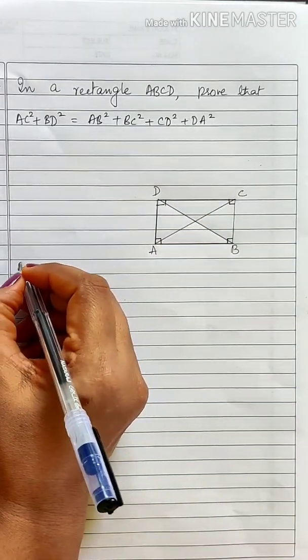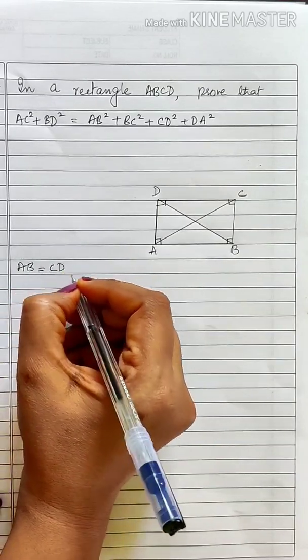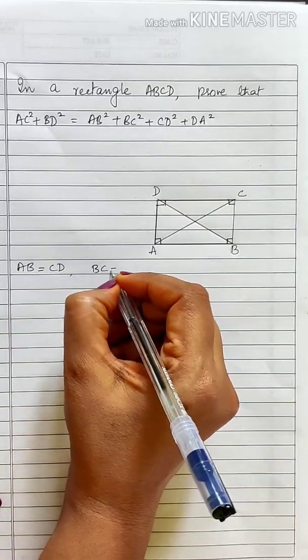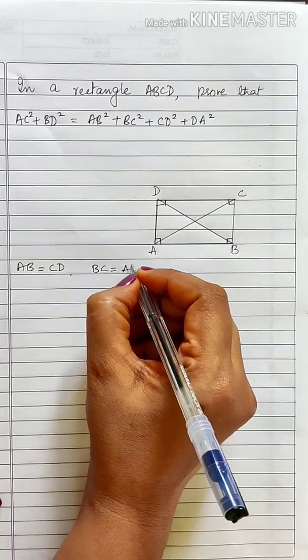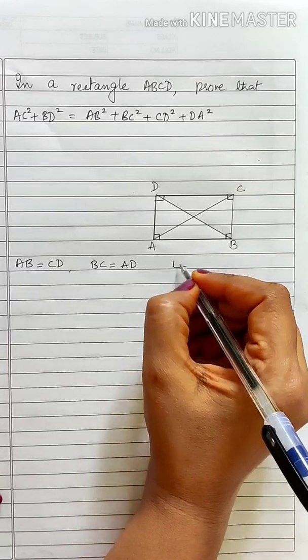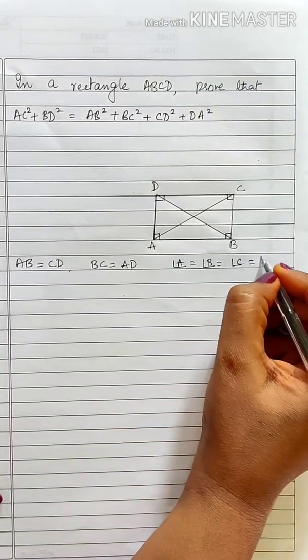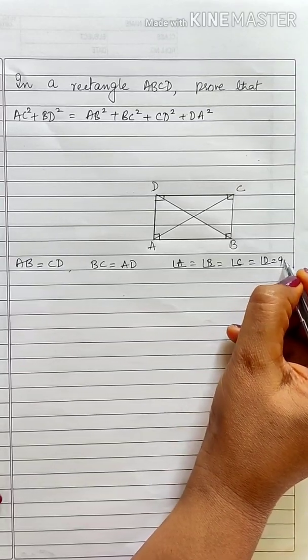Opposite sides are equal means here in this rectangle AB will be equal to CD and BC will be equal to AD or DA, and each angle A is equal to angle B is equal to angle C is equal to angle D is equal to 90 degrees.